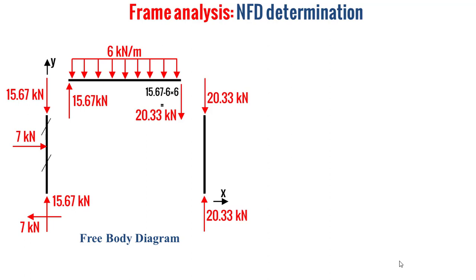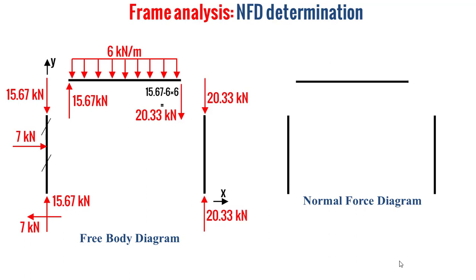Now, based on this free body diagram with the applied external and internal forces, we can determine the normal force diagram. Note that for the left-hand column, we have a normal force equal to 15.67 kilonewton. It's a compression force, so we will have minus 15.67 kilonewton applied along the left-hand column.